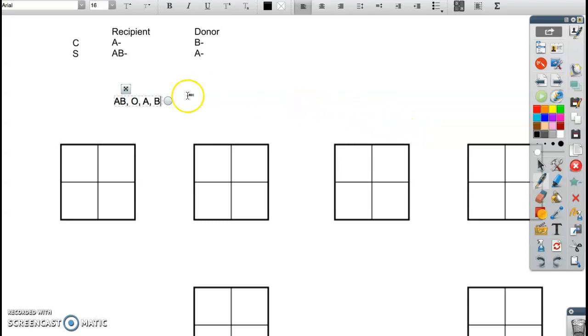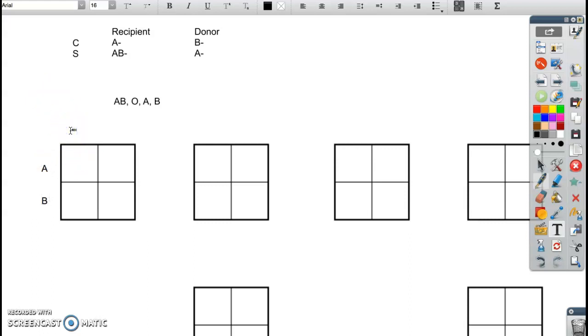It says parents 1. We know that they have type O and type AB. So what letters would they have for those blood types? Okay, well, if one parent is AB, we know the letters for that one have to be A, and then the second letter would have to be B. So that was pretty straightforward.